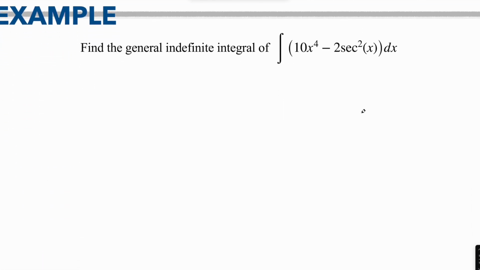So for example, if I want to find the general indefinite integral of this function, the answer is going to be the integral of each one separately. So I can actually take them separately if I want to.